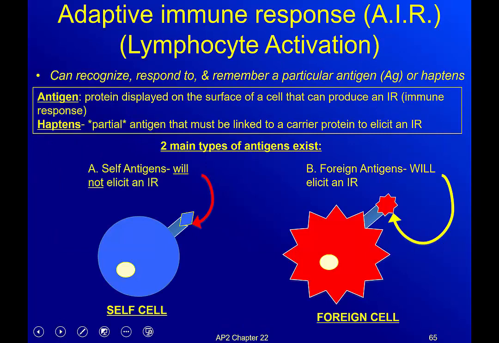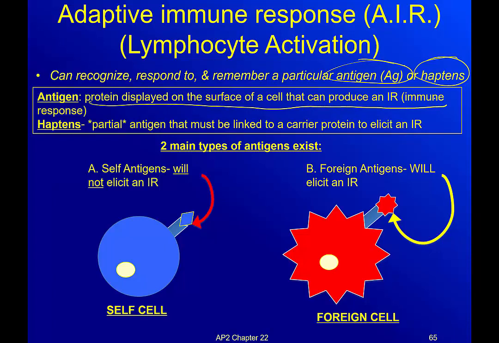Okay. Lymphocyte activation. So remember, our lymphocytes are our B cells and our T cells. You recognize and respond to and remember a particular antigen or haptens, which is basically a chunk of antigen. An antigen is a protein displayed on the surface of a cell that can produce an immune response. We have two different types of antigens.